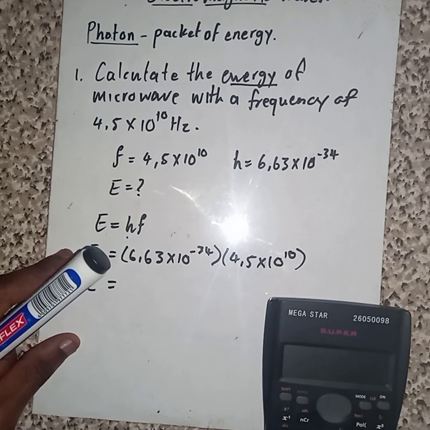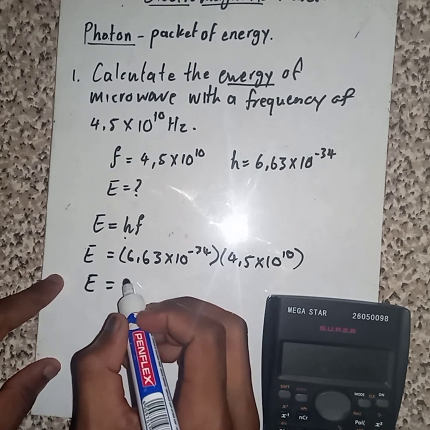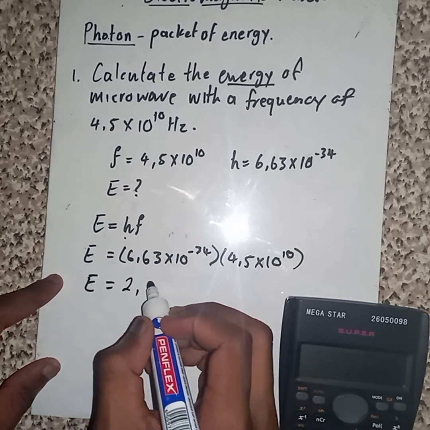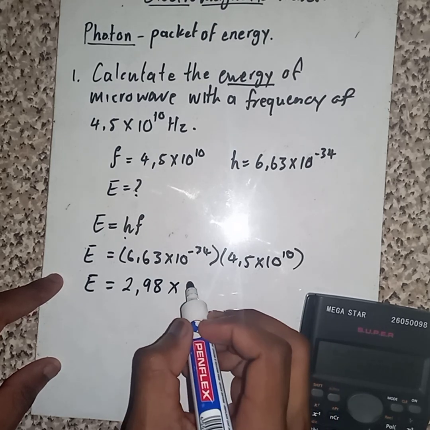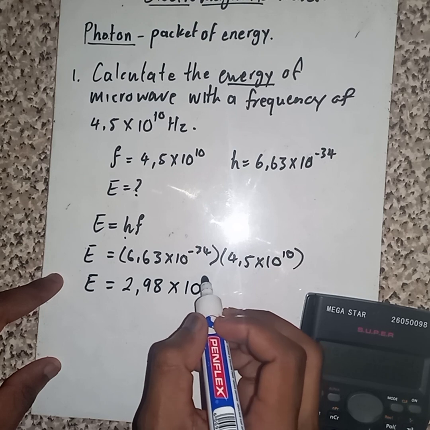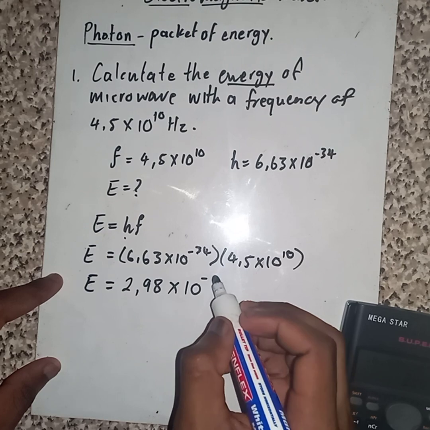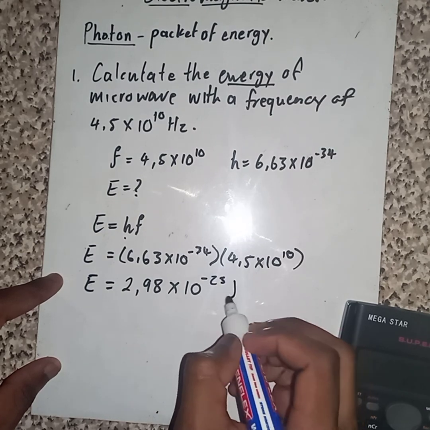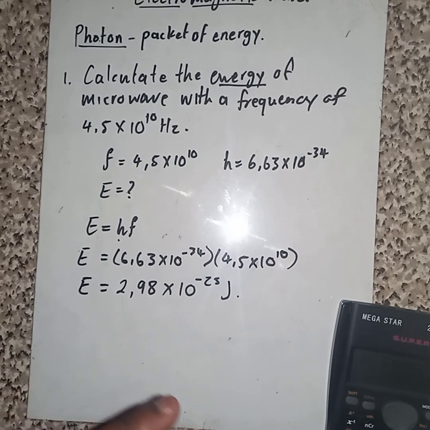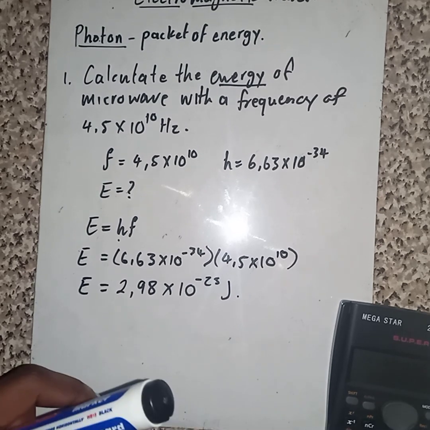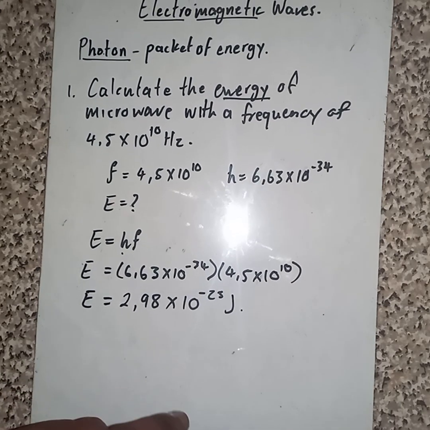Then we get 2.98 times 10 to the power of minus 23 joules. You see, it's so simple to answer these questions.